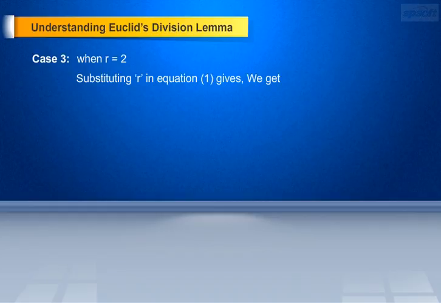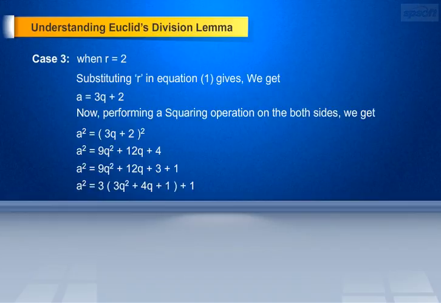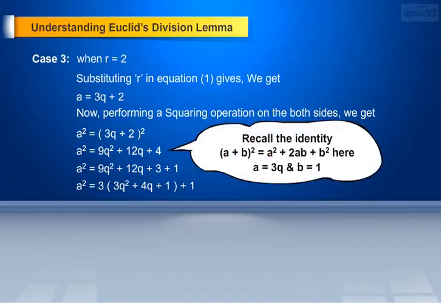Case 3. When r equals 2. Substituting r in equation 1, we get a equals 3q plus 2. Now, performing a squaring operation on both sides, we get a square equals (3q plus 2) whole square. Recall the identity, (a plus b) whole square equals a square plus 2ab plus b square.